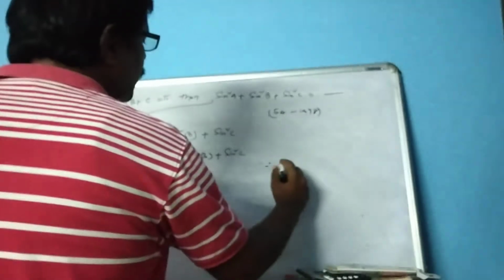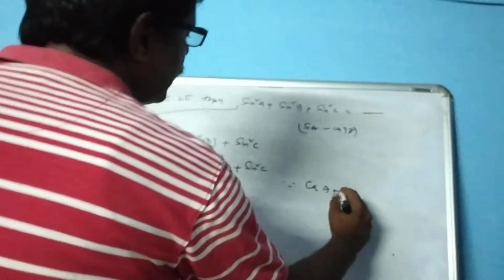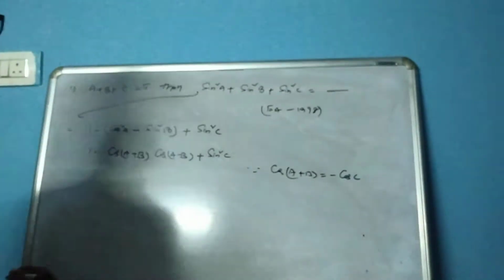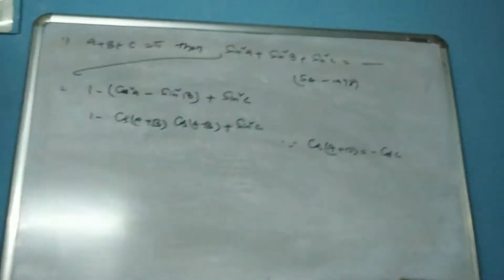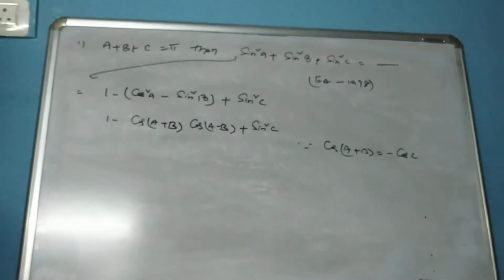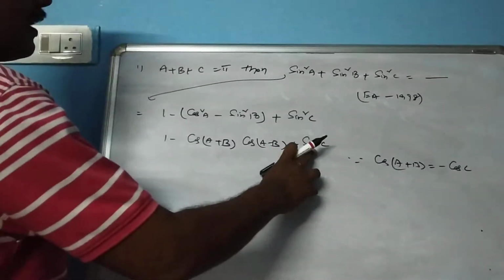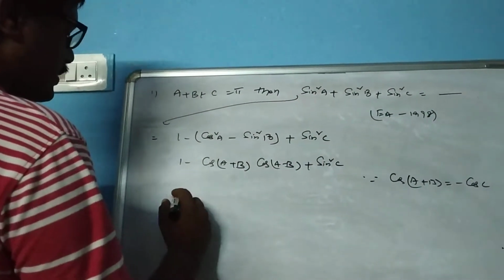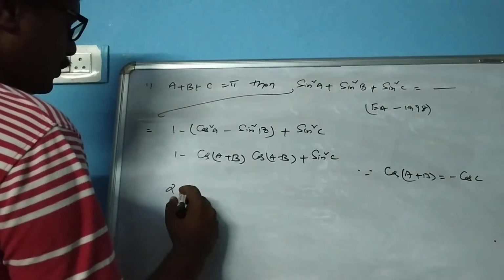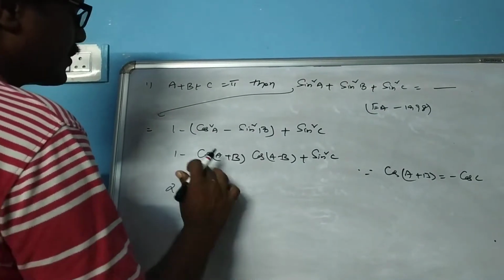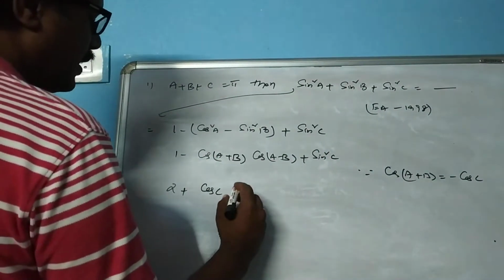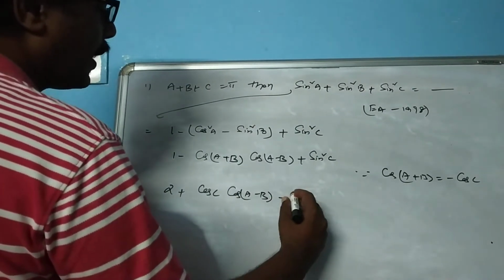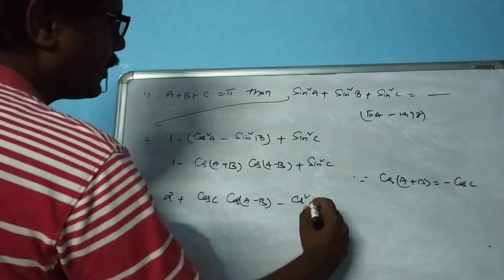Therefore, cos(A plus B) is equal to minus cos C. This sin square C I will write like this. Now 1 minus sin square C, this is 2 minus cos square C. This is minus cos C into cos(A minus B) minus cos square C.